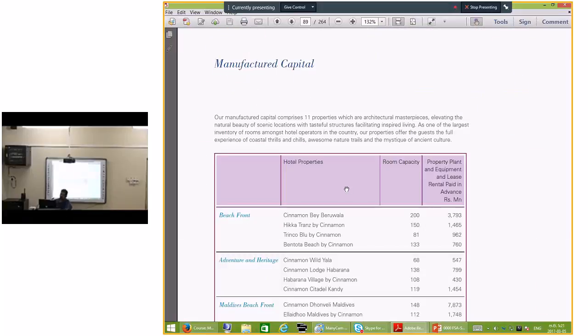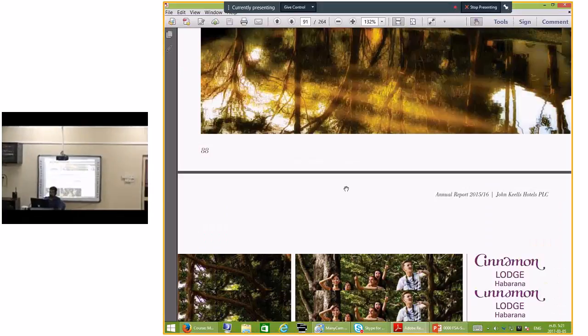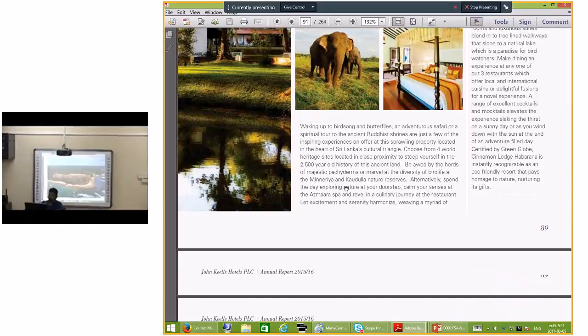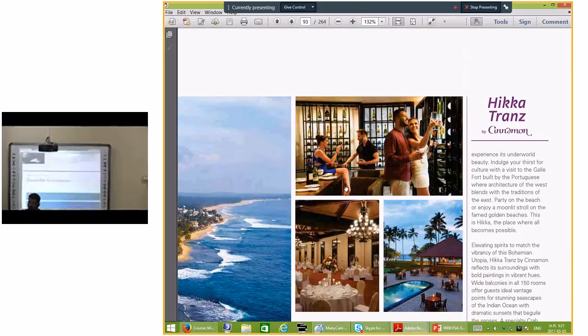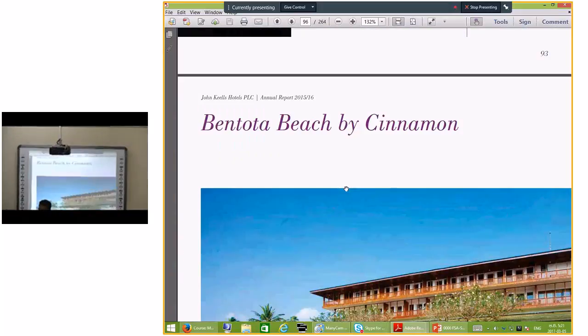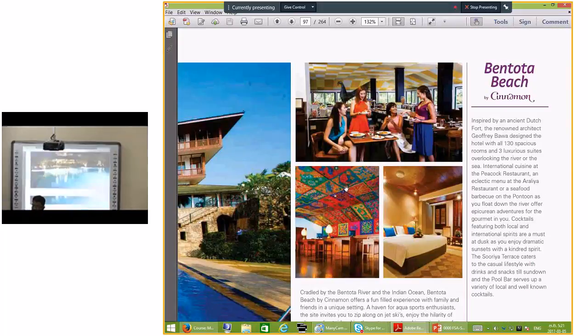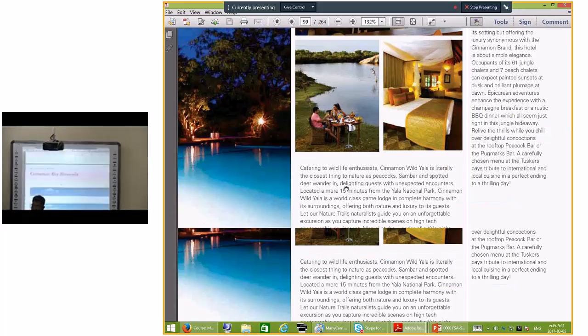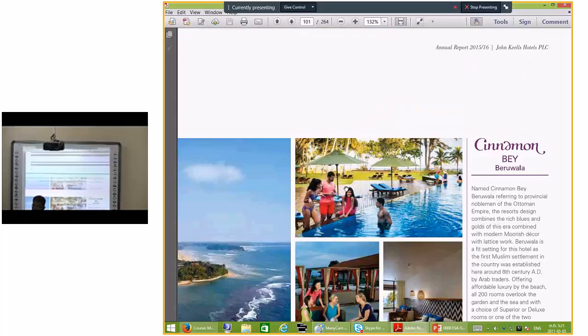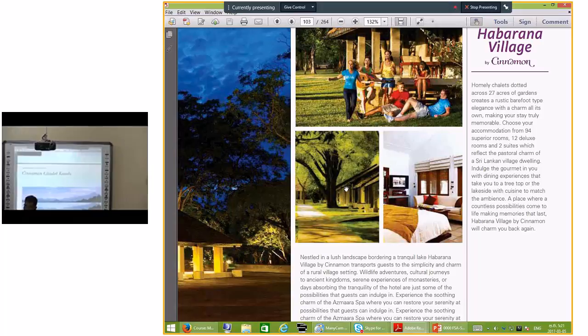Then manufactured capital and their strategies and new projects. Then merger and acquisition details, all are given in this type of annual report.